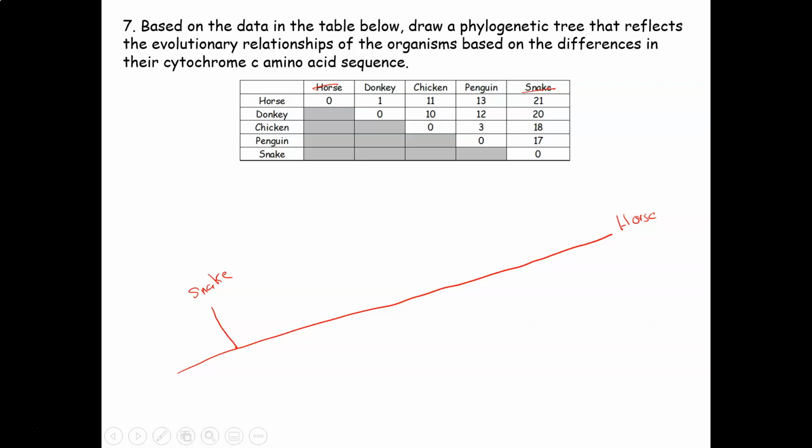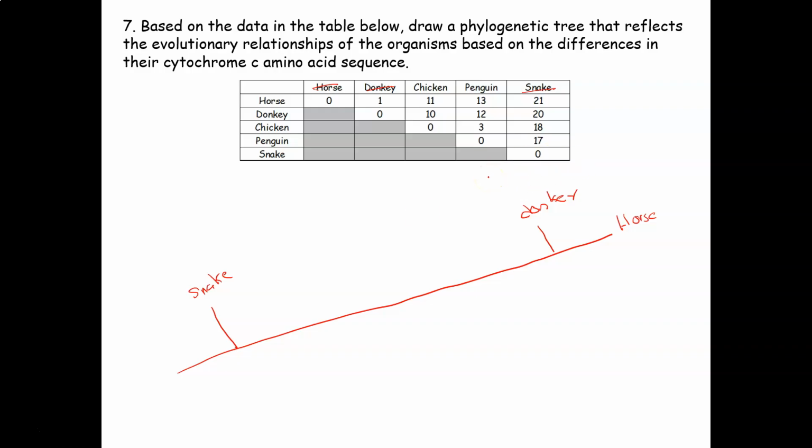I'm going to stick with that snake and take a look down the column. The next biggest number is the donkey with 20. That is between the snake and the donkey, so that means he's got to be closer to that horse, so he's going to come up here. And we've taken care of the donkey. If you look, that data matches. There's only one difference between that horse and that donkey, so that makes sense.